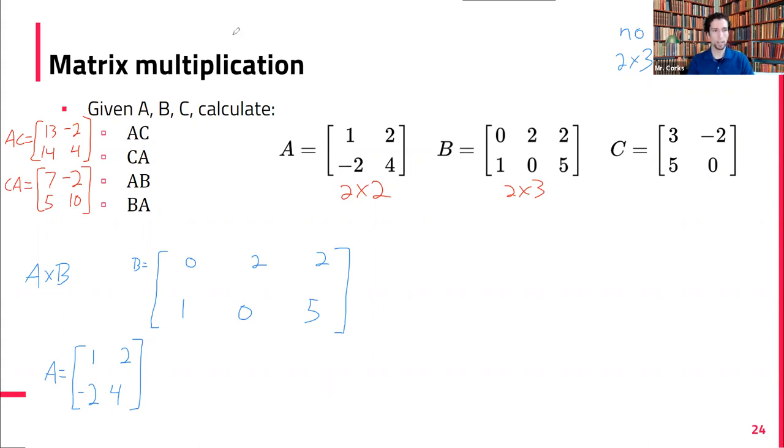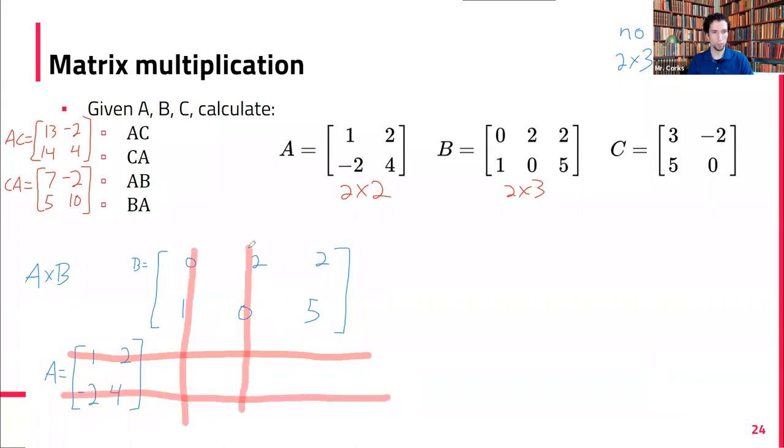So if we try to line these up, 2 rows, 3 columns, then if it works, the result should be a 2 by 3 matrix, as we heard in one of our guesses. So if it works, that's the size we should be getting. We can see that just by the side-top arrangement like this and drawing the line. So lots of value to that.